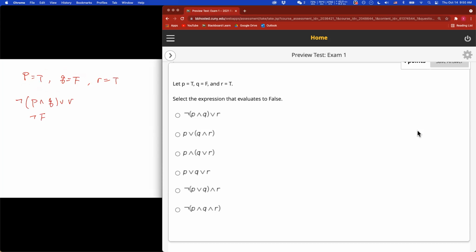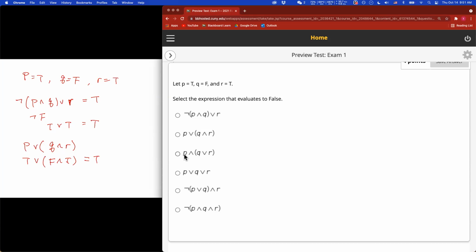Negation of false is true, and then you have true or true, so that will give you true. So the first statement here is true. Now, if you look at the next one, you have P or (Q and R). So you have true or (false and true). If you have true or something else, then it's always true. So the second was also true.